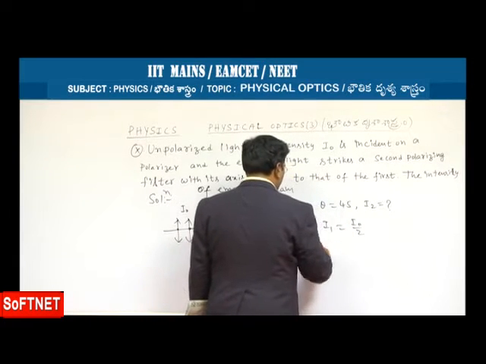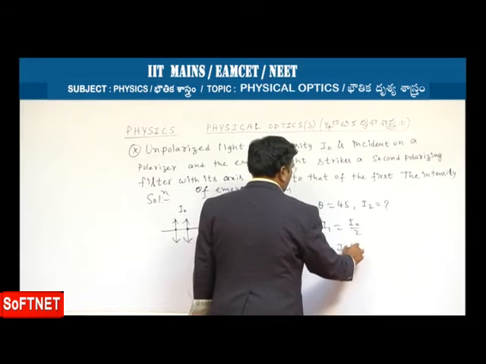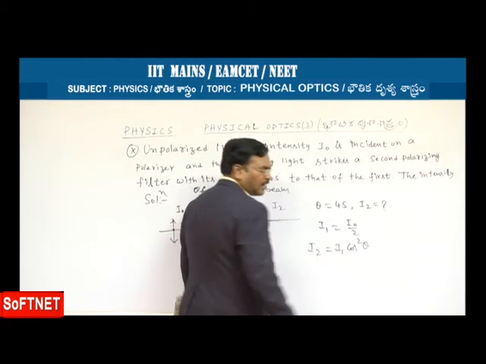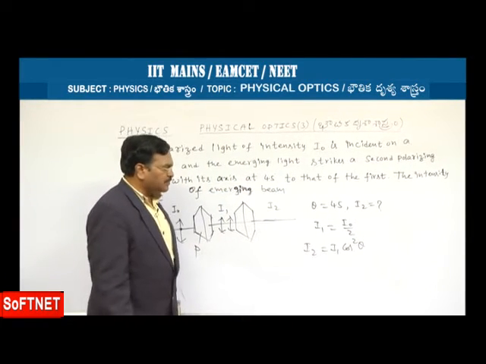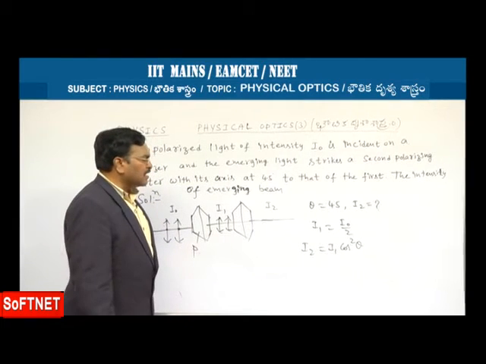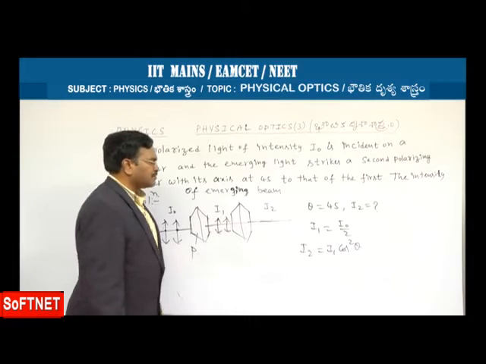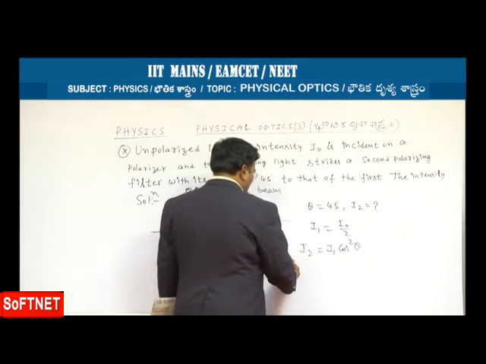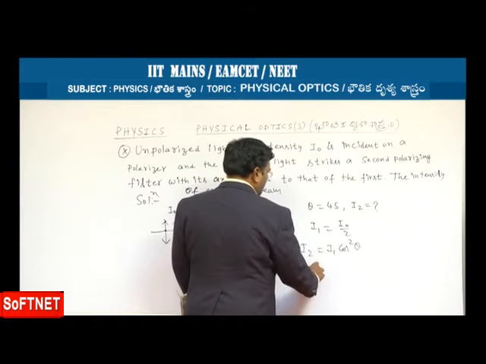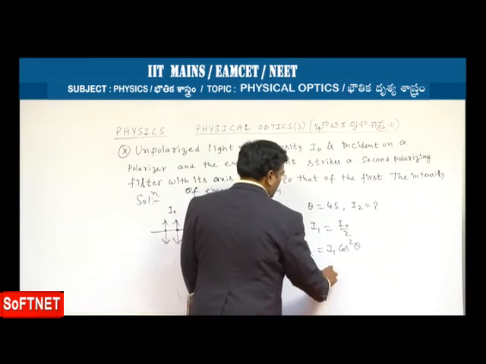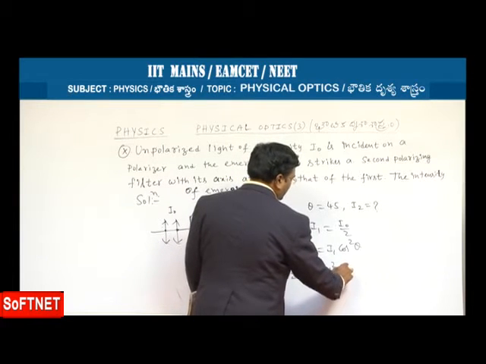Now we want to calculate I2. I2 is equal to I1 cos square theta, according to Malus law. So I2 is equal to I naught by 2 cos square 45 degrees.